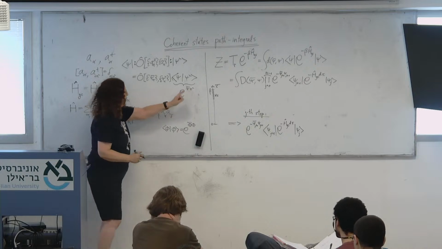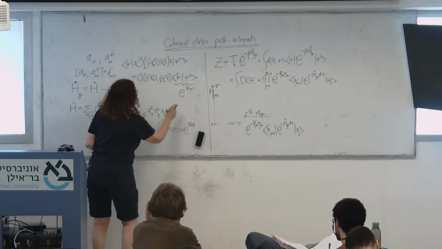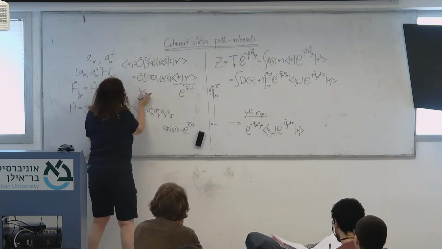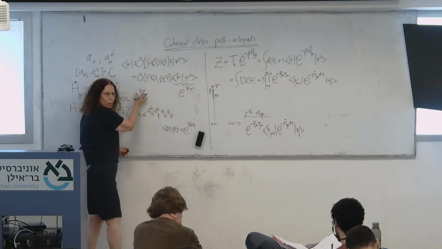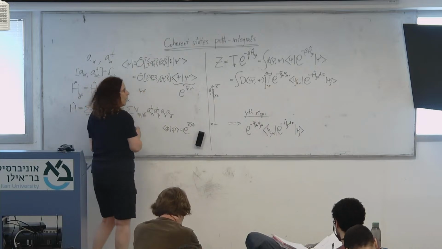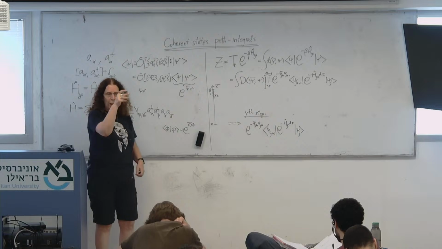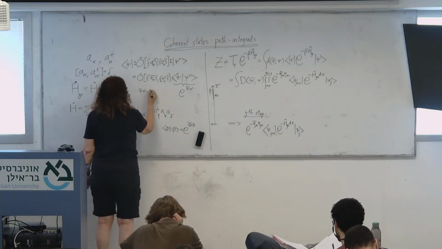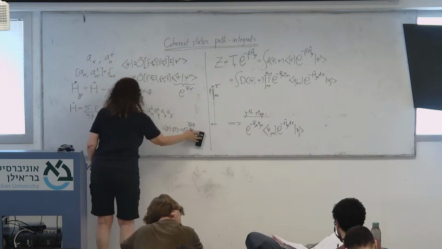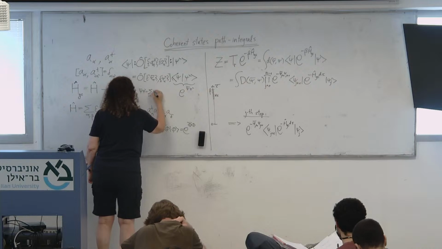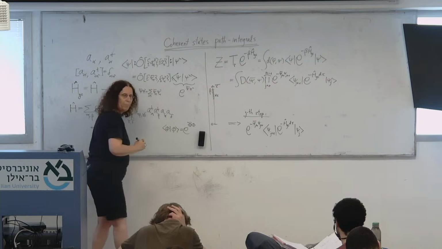And by the way, I'm just reminding you that what I'm writing is a short notation for a scalar product of the vectors, because psi and psi prime are vectors of components psi alpha. So this is just the sum over alpha of psi bar alpha psi prime alpha.